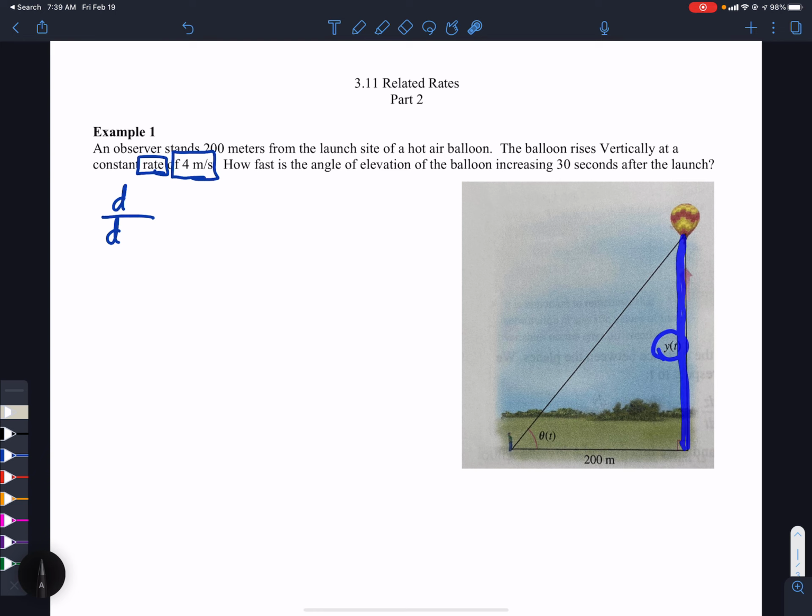Time changes because you see it's a distance per time, and we know that is 4 meters per second.